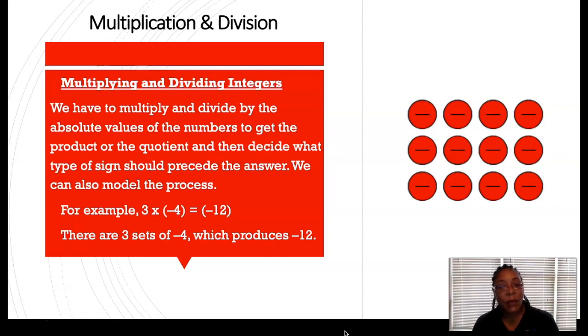So this example is 3 times -4, unlike signs, my answer is -12. 3 times 4 is 12, unlike, answer is negative. In the pictorial representation, I have 3 sets, horizontal, 3 sets of that -4, and -12 chips on my mat.